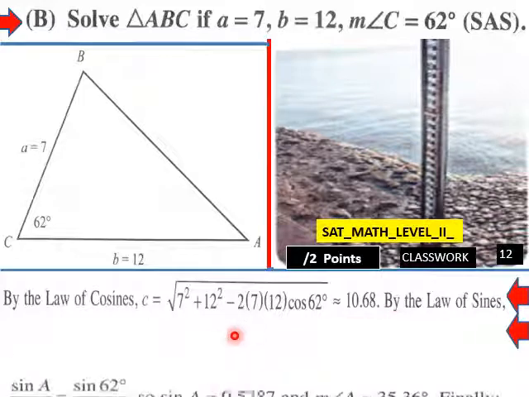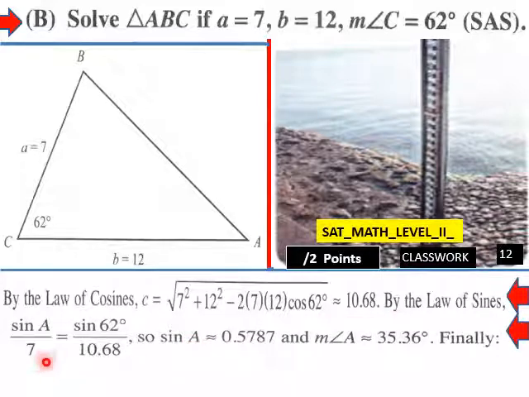By the law of sines, now that we know that, sine A over 7 will equal sine 62 degrees over 10.68. So sine A will equal 0.5787, and the measurement here of A by that will be 35.36 degrees.